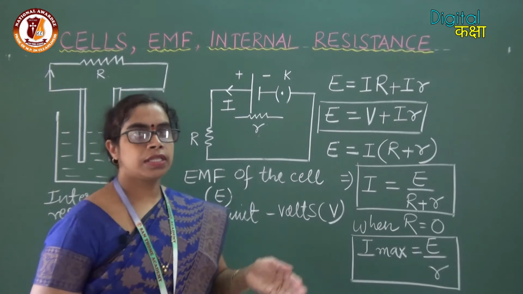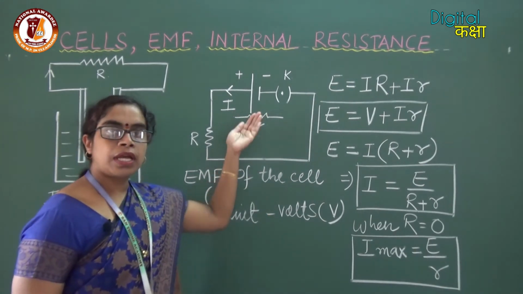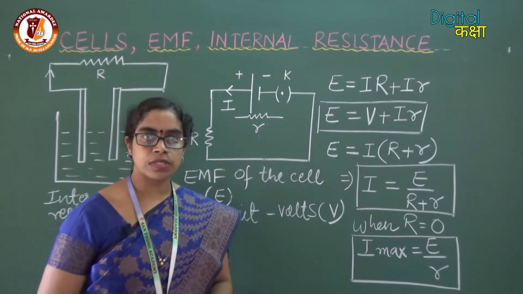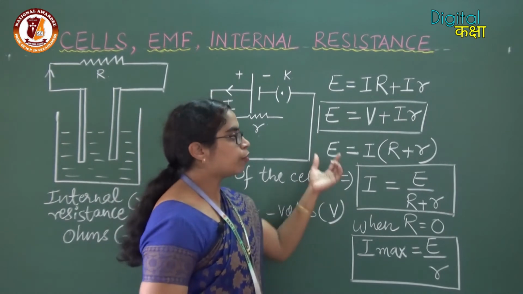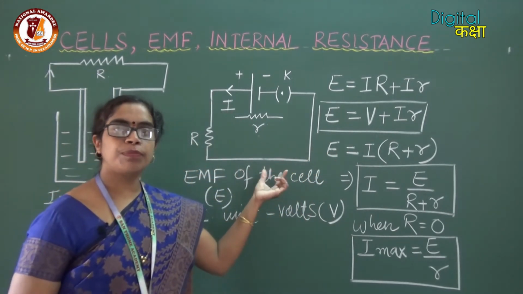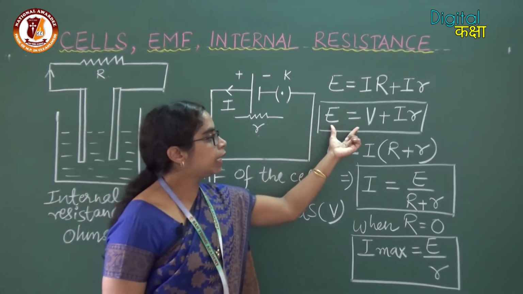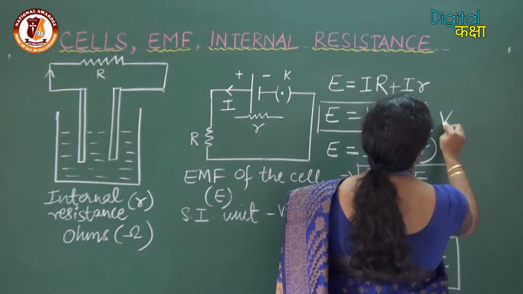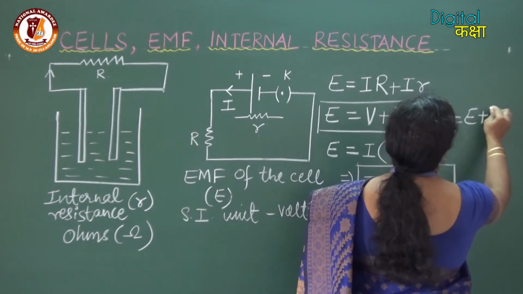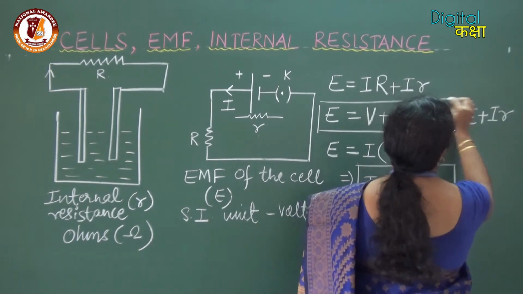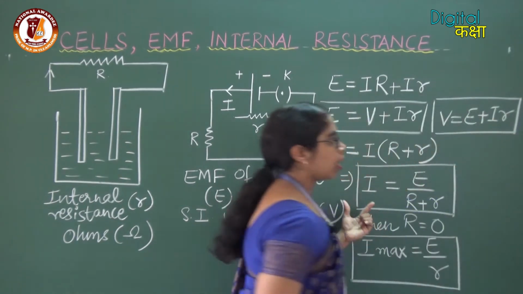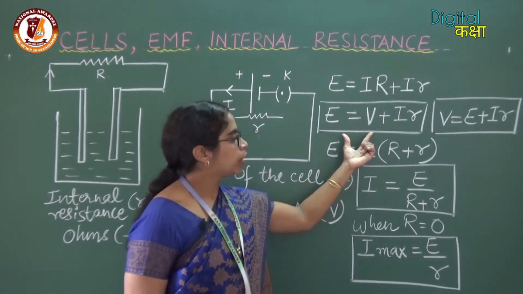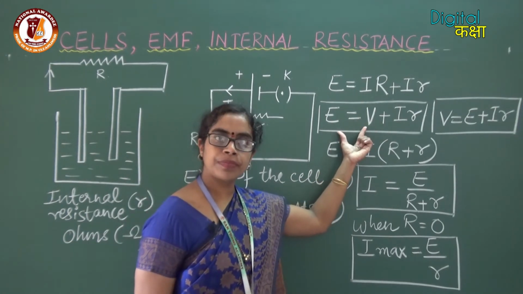Now, when this cell has to be charged with the help of any external source, the relationship between the two terms E and V comes out to be V is equal to E plus IR. So, these are the two formulas we have to understand.